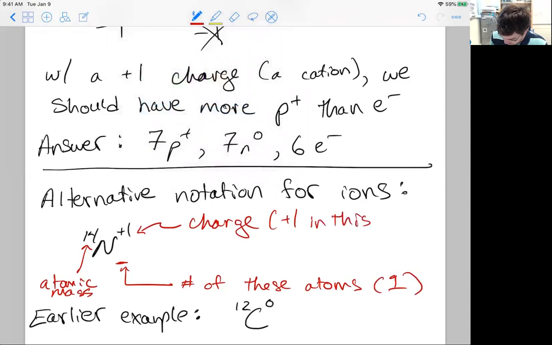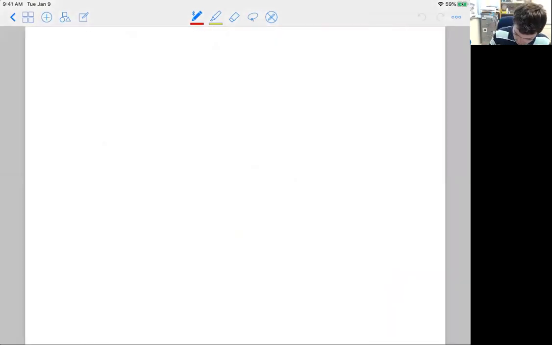Just to make sure we're crystal clear, we have an atomic mass of 12 and a charge of 0.